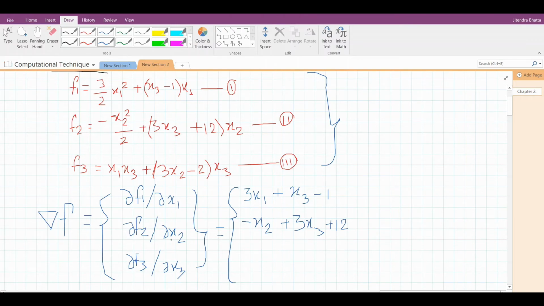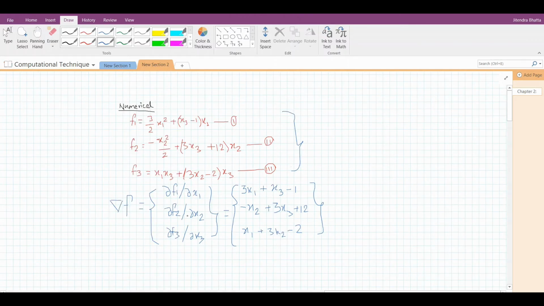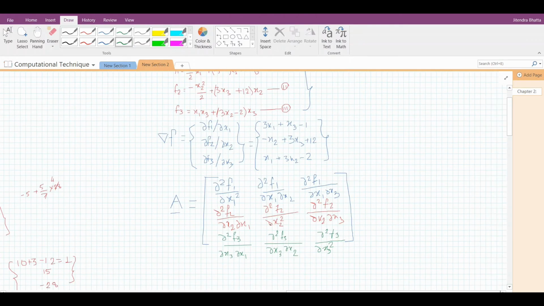And the third one here, with respect to x3, you get x1 plus 3x2 minus 2. Now this is your gradient, and then you have to find your Hessian matrix, which is given by this equation.